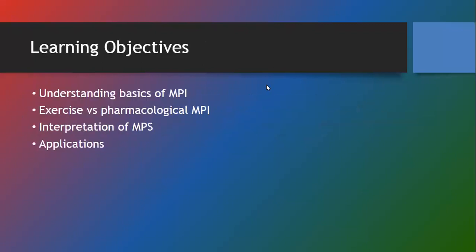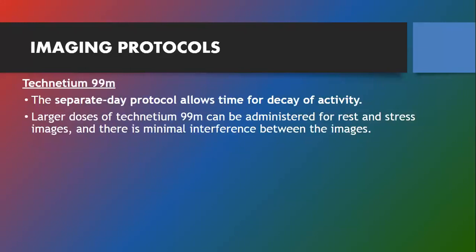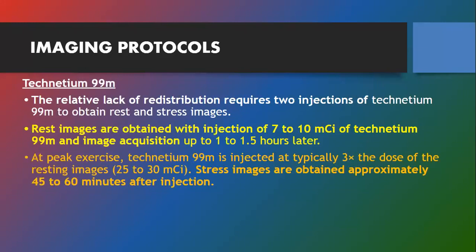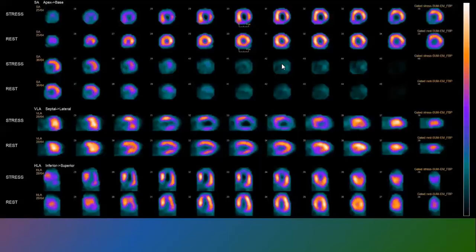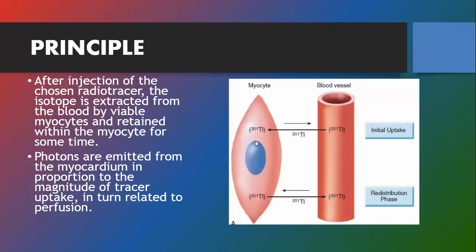So in the learning objective, we are done with the first part, that is understanding the basics of MPI, how it's been done and what actually it is. Just recalling, the whole process of this myocardial perfusion scan is going to be dependent upon the blood flow through the myocardium.